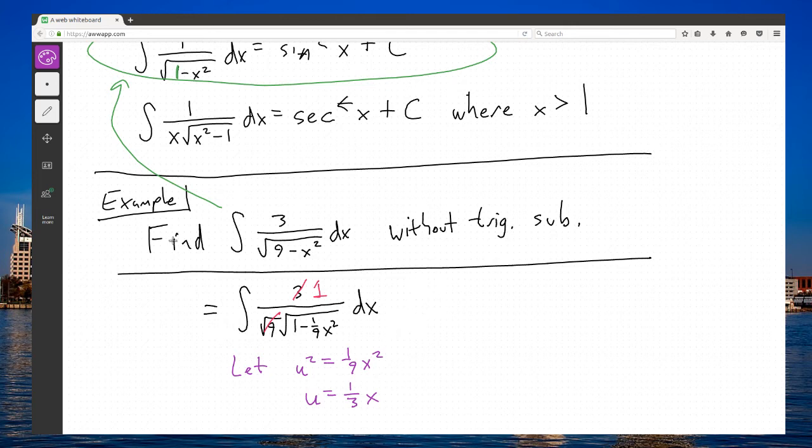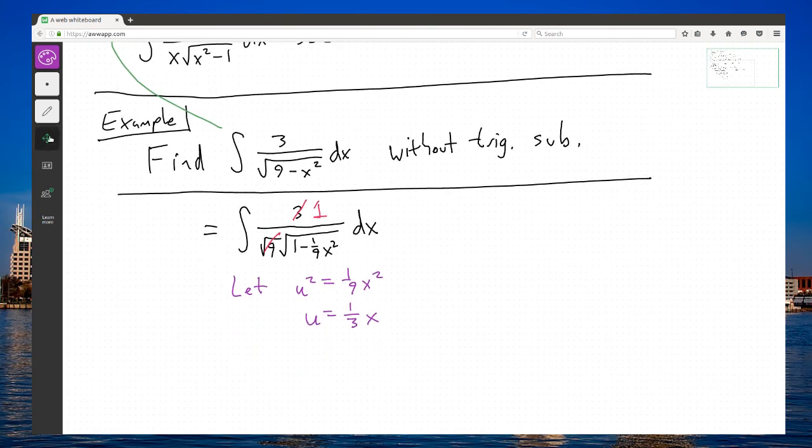And that would mean then that 3u would equal x, and 3 du would equal dx. All right, so that's all well and good. Let's make those substitutions up here.